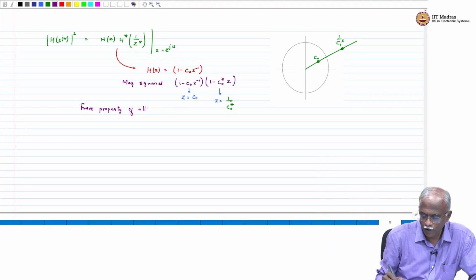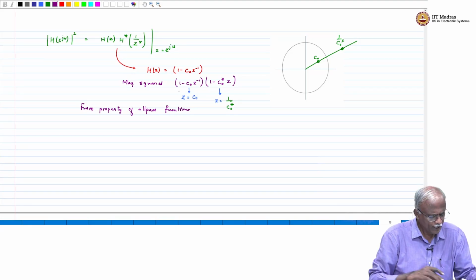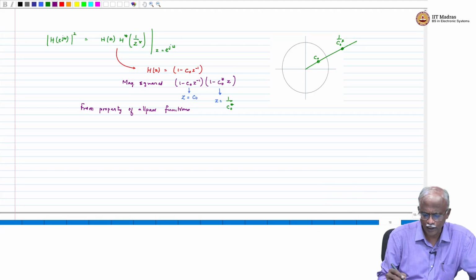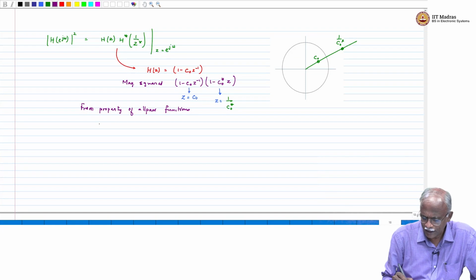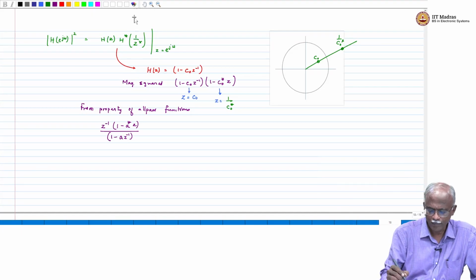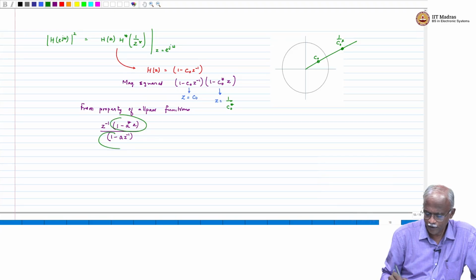So for example, if you had an all pass function of the form (1 - a* z)/(1 - a z⁻¹), these two have the same magnitude response.